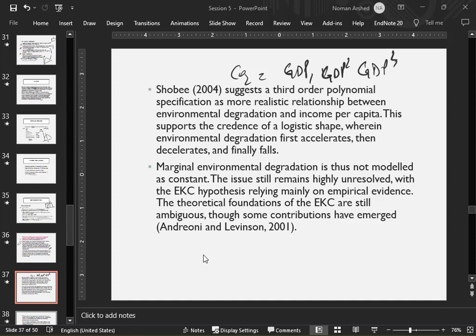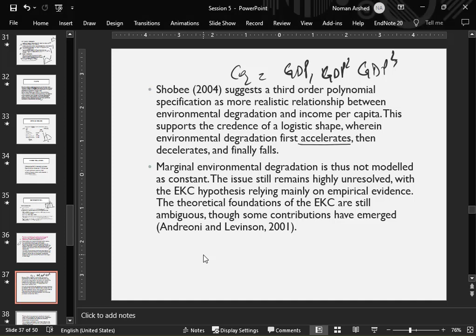This supports the credence of a logistic shape, wherein environmental degradation first accelerates, then decelerates, and eventually falls. So he's trying to say that it should first increase exponentially, then slow down, and then come down. So it looks like this.